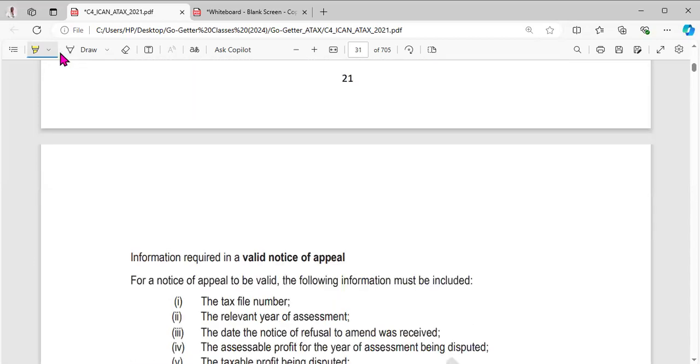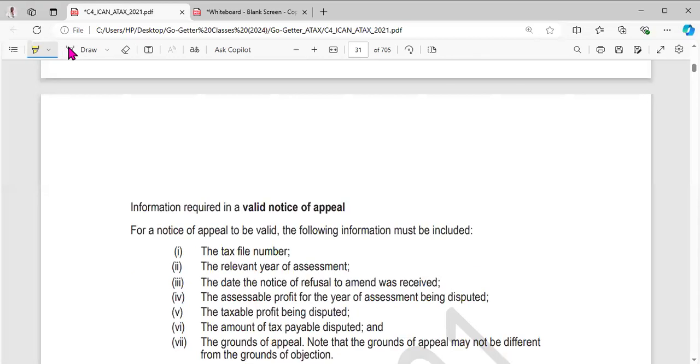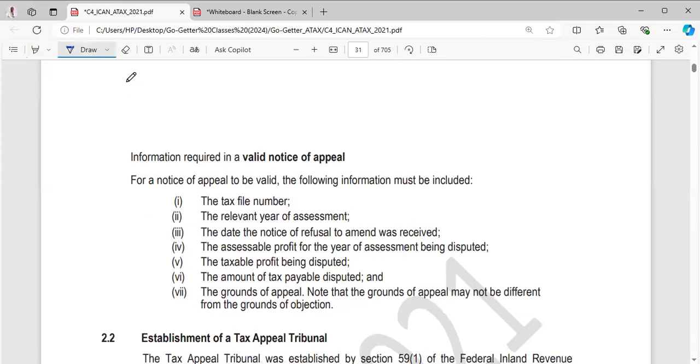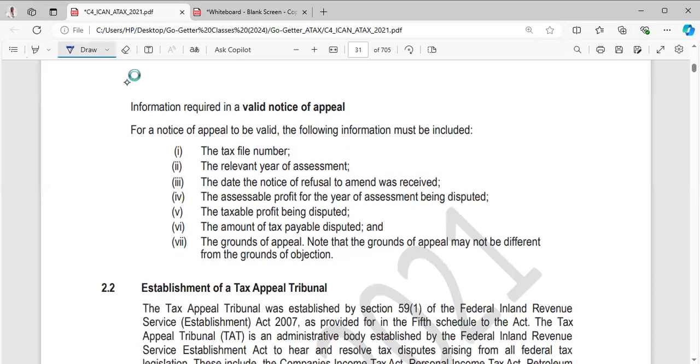Now, what are some of the relevant information that should appear in your notice of appeal? What are some of them? Your tax file number, which is the assessment number or your tax file number. Each taxpayer has a file number. You should know it. Now that filing is done online, you should know your file number. Then you have the relevant year of assessment in dispute.